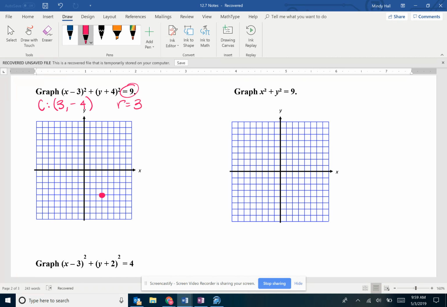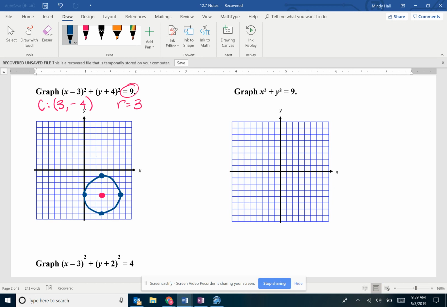So then in every direction, I'm going to go 3 from the center: 1, 2, 3. 1, 2, 3. 1, 2, 3. And 1, 2, 3. And again, this is from the center of the circle that you are counting left, right, up, and down.